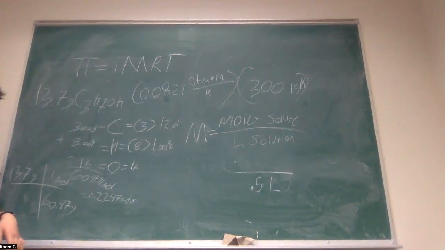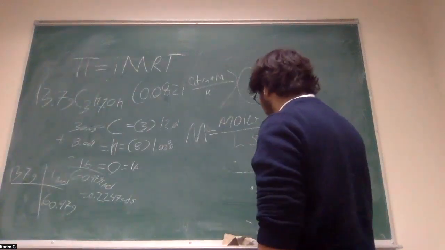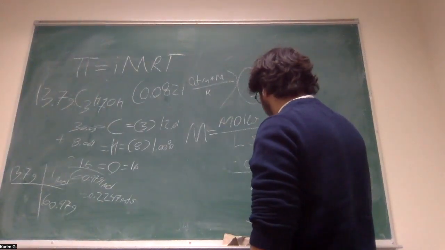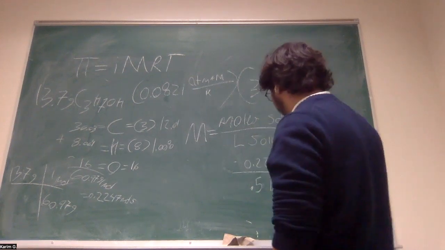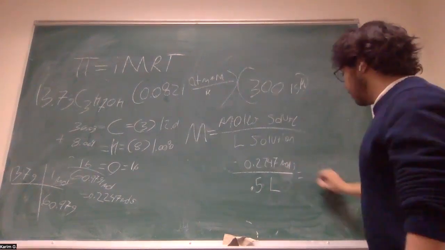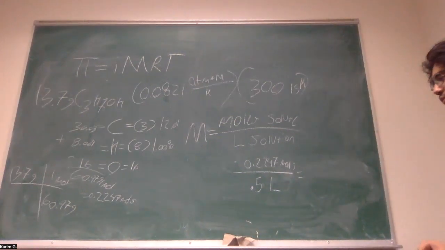Did everybody else get that? Yes. 0.2247. Okay, cool. So then we have our moles. Okay, so 0.2247 divided by 0.5.